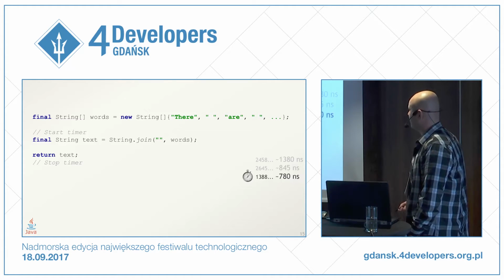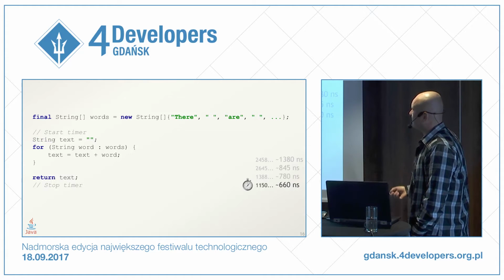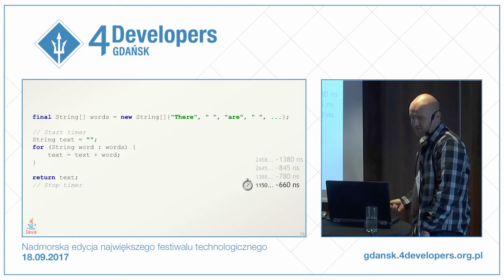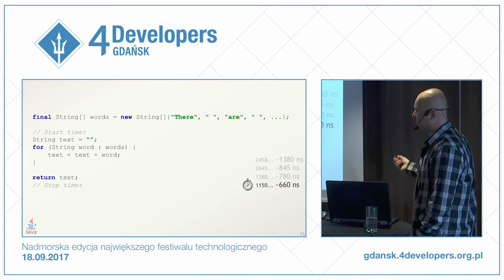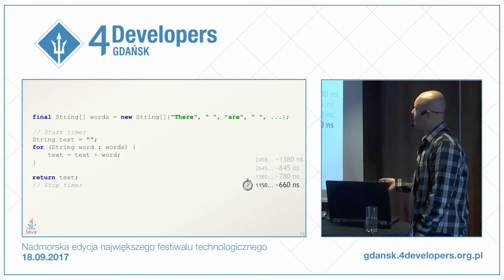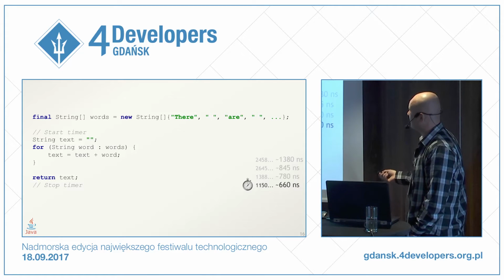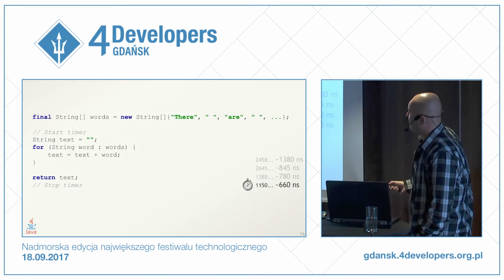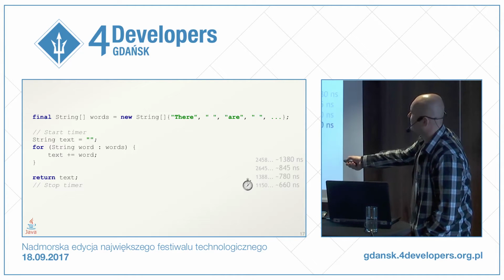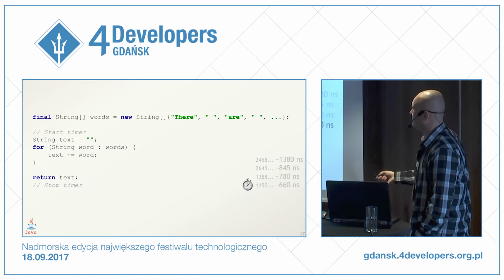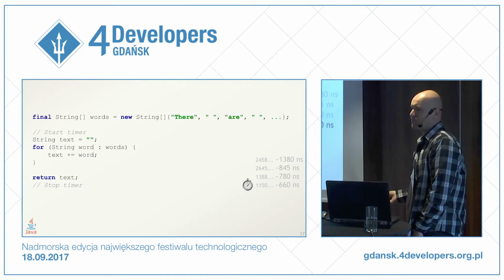We can use string join. These are nanoseconds. This is Skylake, i5-650U, something like this processor. We can do plus equals on strings, and basically it's the same as summing, because in Java strings are immutable.